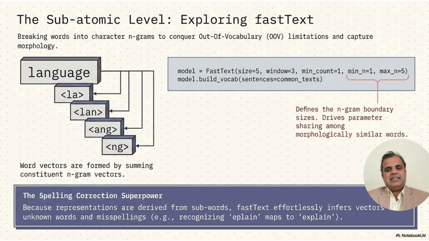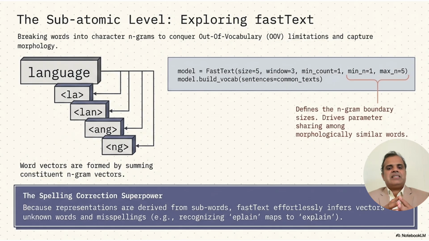Standard Word2Vec has a major weakness. It cannot handle out of vocabulary words or misspellings. If the word is not in the training set, the model is lost. FastText solves this at the subword level by breaking words into character n-grams. For the word language, it stores vectors for LA, LAN, ANG and so on. The final word vector is then the summation of these constituent parts.